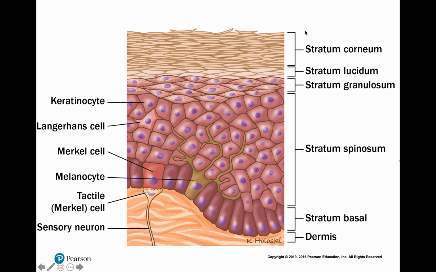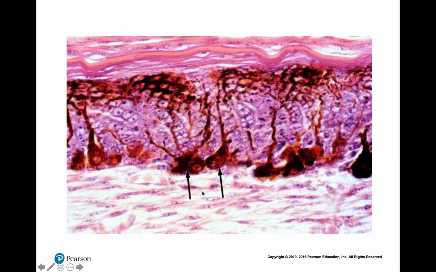And so this is just another nice little cartoon picture showing all of the strata: basale, spinosum, granulosum, lucidum, and corneum. And then it shows you Langerhans cells, Merkel cells, and melanocytes, and where they would be located in the strata. Langerhans or dendritic cells are located scattered throughout the spinosum, Merkel cells in the stratum basale, and then the melanocytes also originate in the stratum basale, but have these huge cytoplasmic processes that reach up throughout the layers of the spinosum.